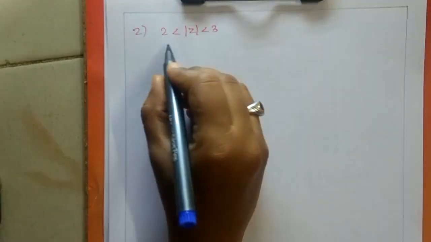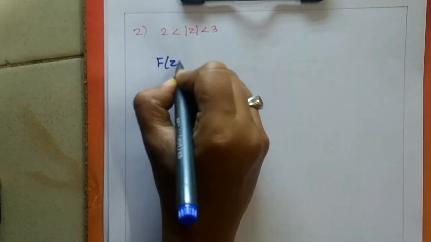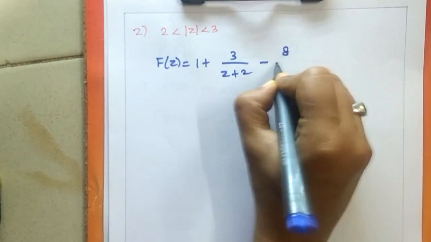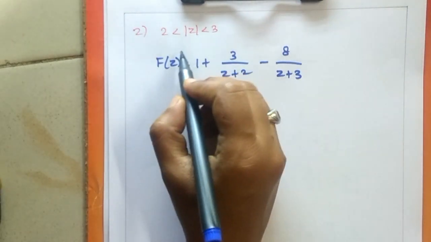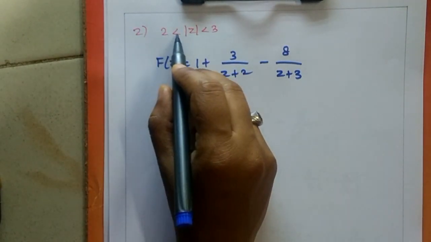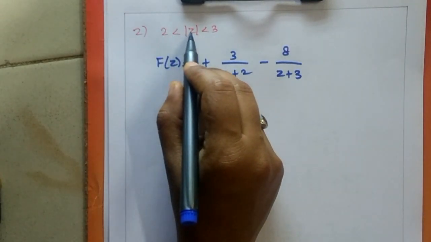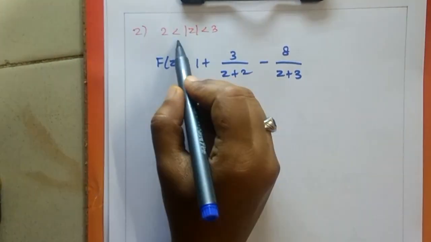Our second condition, 2 less than mod z less than 3. Take f of z equal to 1 plus 3 by z plus 2 minus 8 by z plus 3. See the condition, 2 less than mod z.